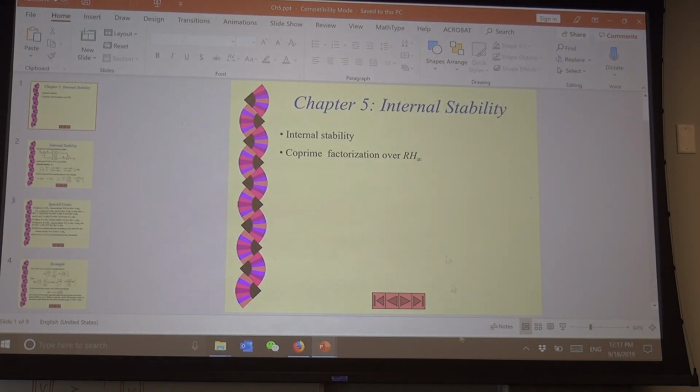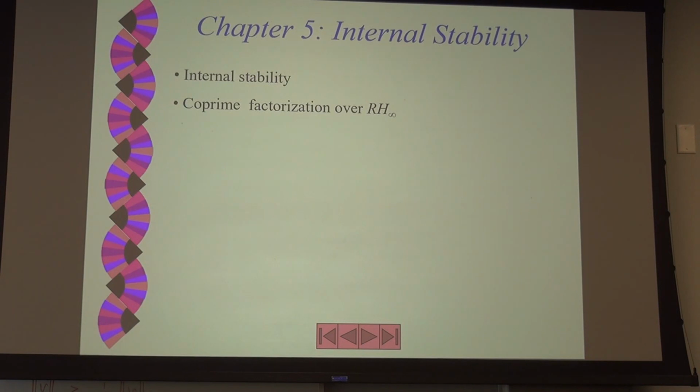Last time we started with internal stability. Okay, so we have heard about well-posed control systems. You must not have pole zero cancellation. That pole is unstable.